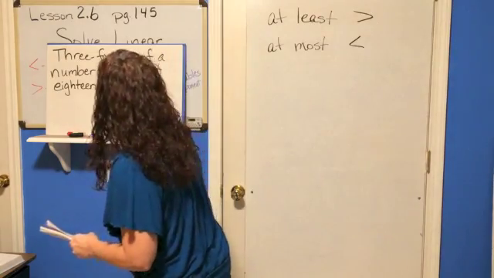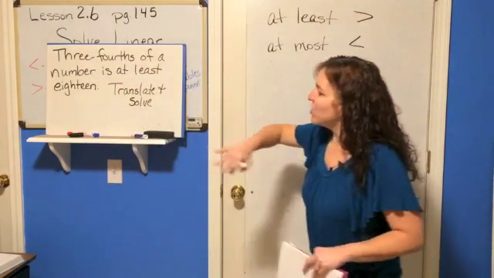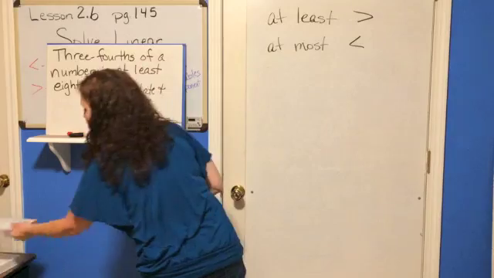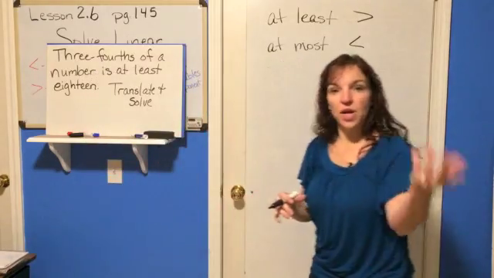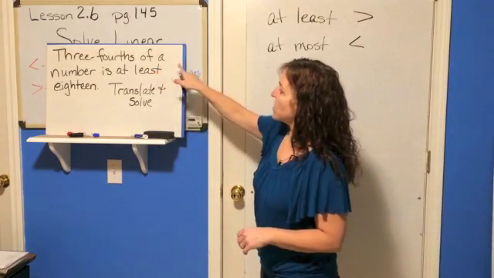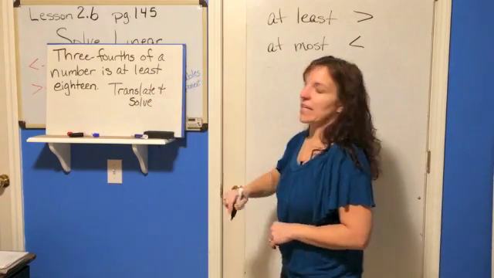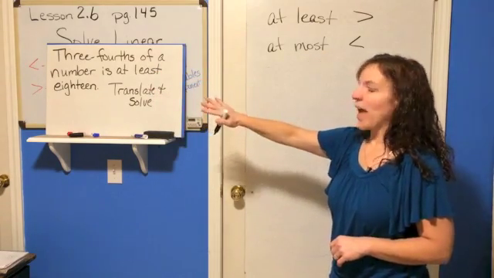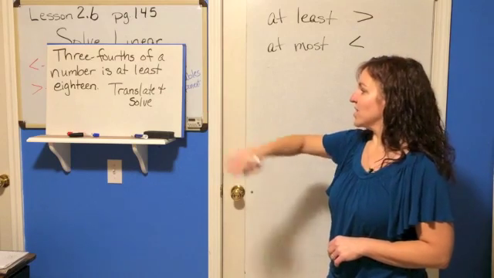All right. So you're going to need to translate words into numbers, which you've done before with the equations. Let's do it with inequalities now. 3/4 of a number is at least 18. Translate that into an inequality and solve it.